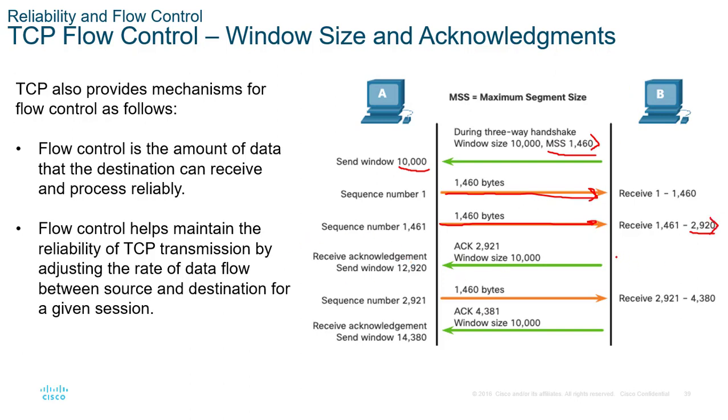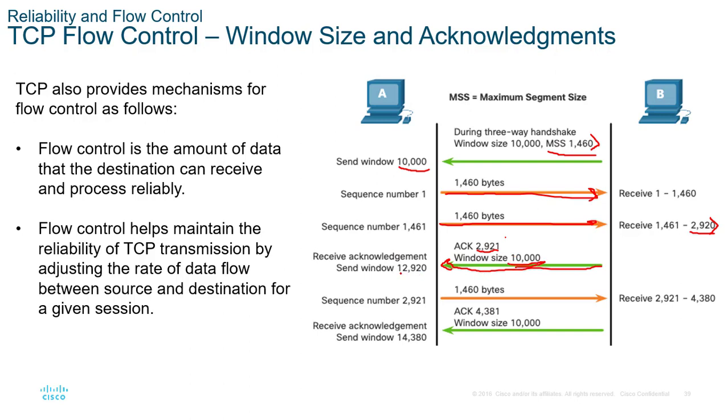Computer B, somewhere in between those 10,000 bytes as it's receiving, can send an acknowledgement back saying, hey, I received the first 2,920 bytes. I'm ready for byte 2,921. And we're keeping our window size at 10,000.